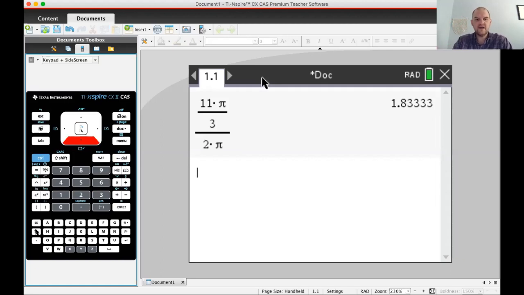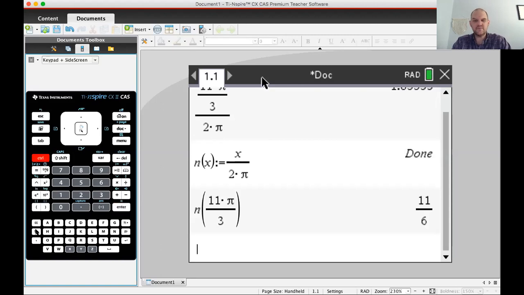So for these, we could write a function, almost, that gives us n. We'd say n of x, where x is going to be the angle that we're using. It's just going to be x divided by 2 pi, except it's not. It's almost that, right? And then I can do n of 11 pi over 3, and I get this, but I want the decimal.